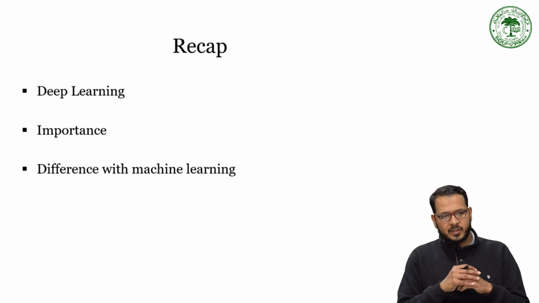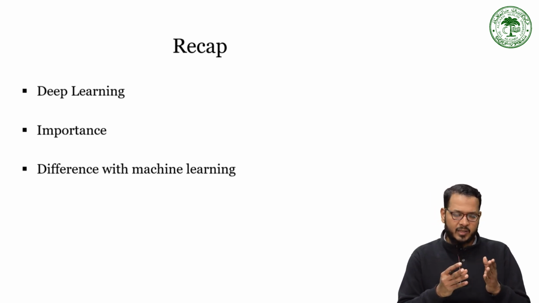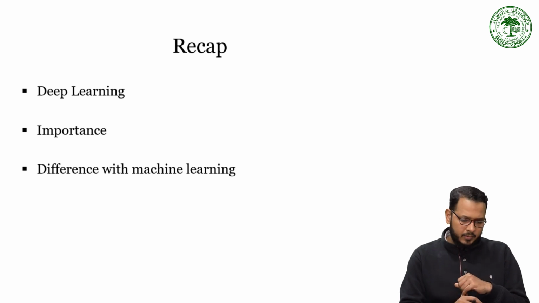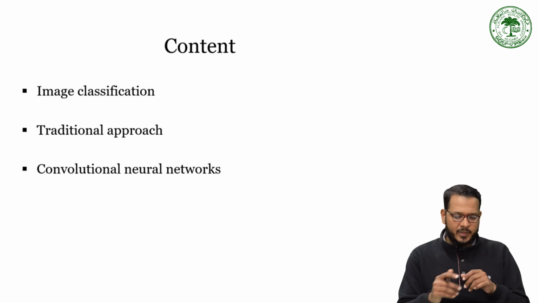In the previous lecture, we discussed what we mean by deep learning. We also discussed why it has become so famous in recent times, and we also discussed from various points of view what the difference is between deep learning and machine learning. In this lecture, we will discuss what we mean by image classification.